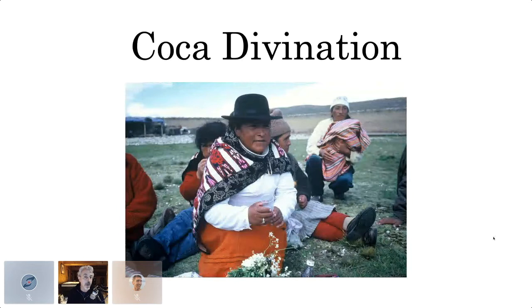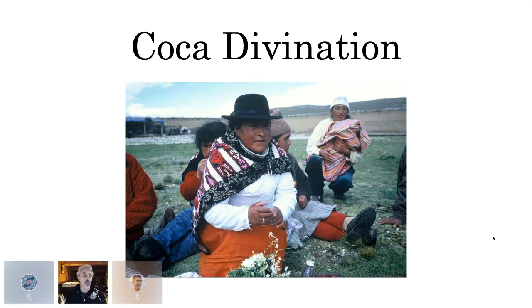The Aymara people accept the Apus, which are the gods and goddesses of the mountains. Perhaps the most famous of all, considered the world mother, is Pachamama. Pachamama is considered a global Apu, a global goddess, if you will.